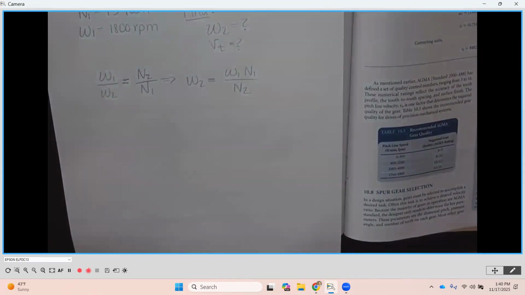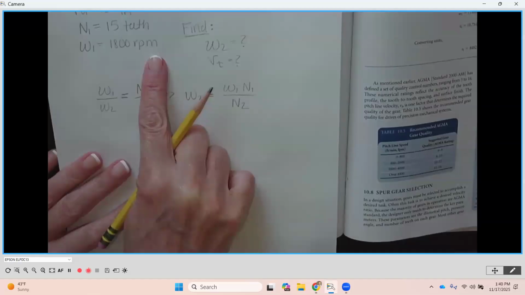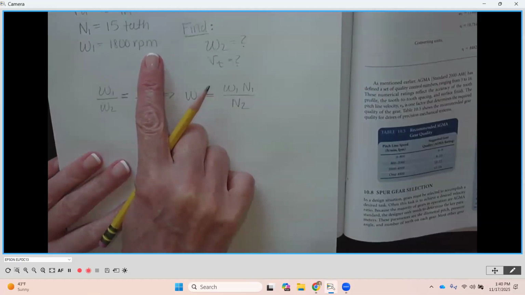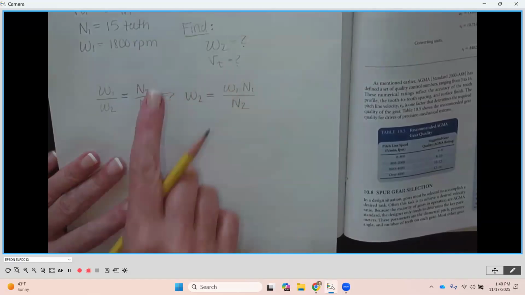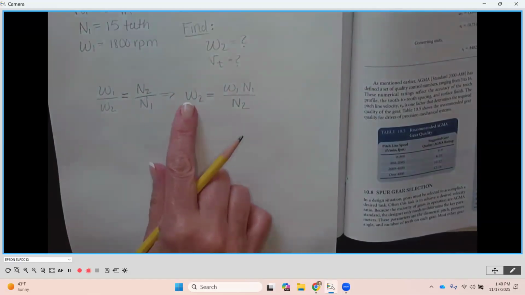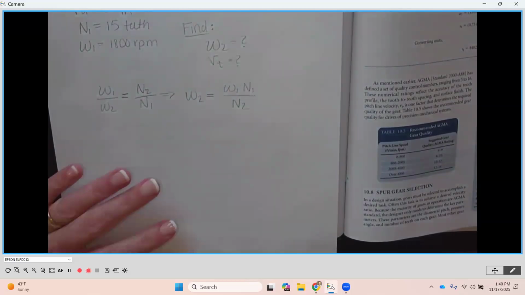You should get something like this. Then go ahead and put your values in. For this equation, we do not have to put this into radians per second. We will for the next one. But here, remember, this is just a ratio, and we always want to report our angular velocities in RPMs.